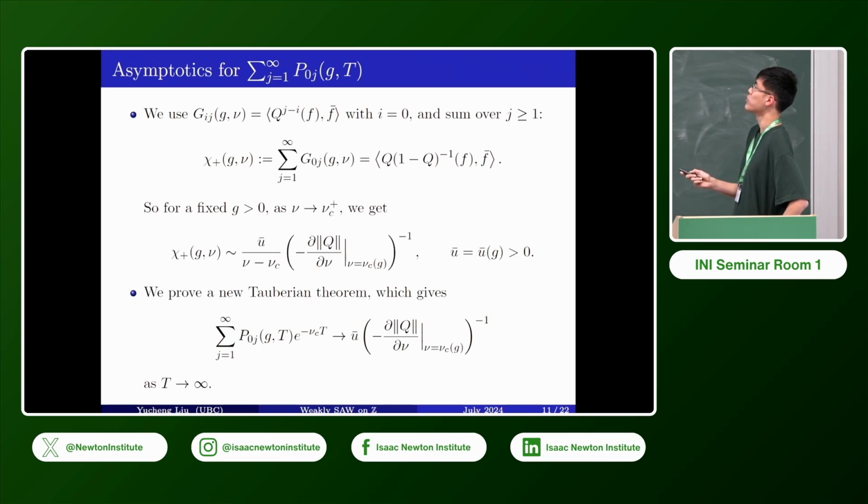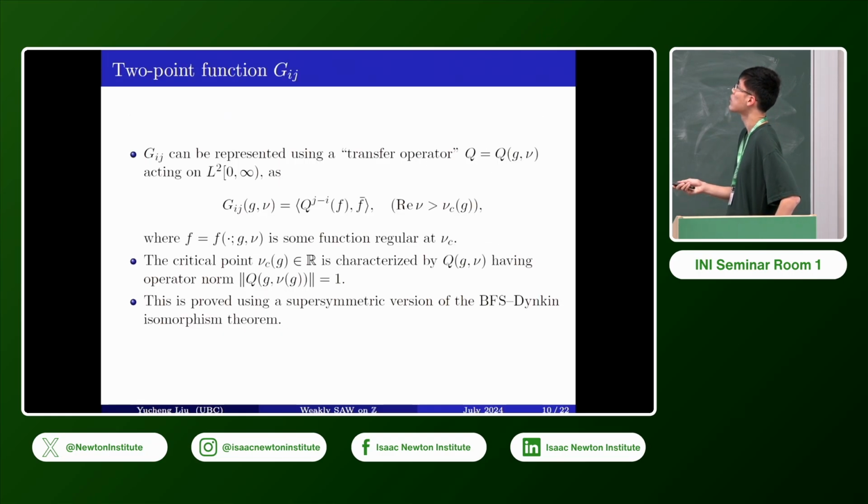It's just a sum of a geometric series, so we just get Q times (1 minus Q) inverse, acting on some F and F bar. And just by looking at this expression, there's one thing I forgot to mention. This function F here is actually regular at the critical point. So it doesn't really play any role in the asymptotics as nu goes to nu_c.